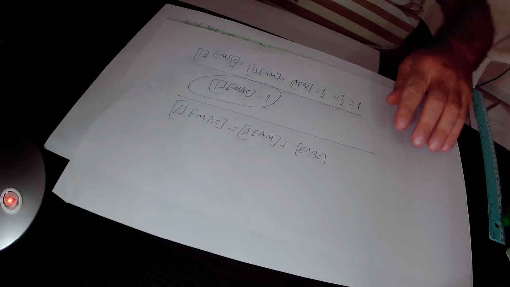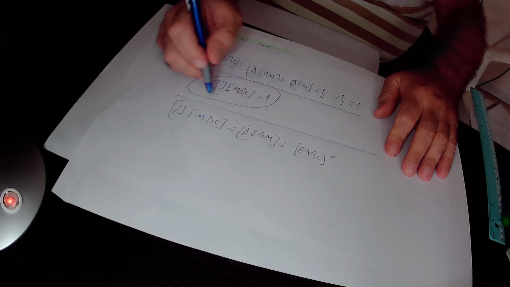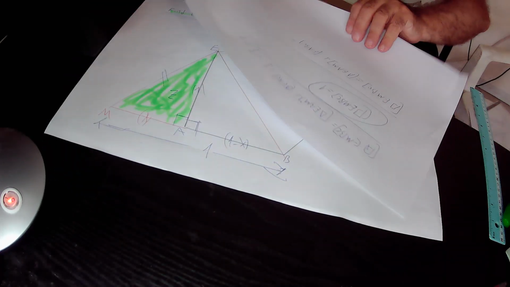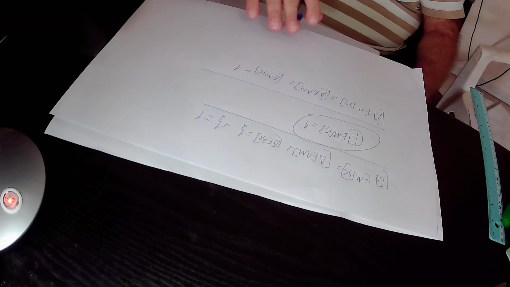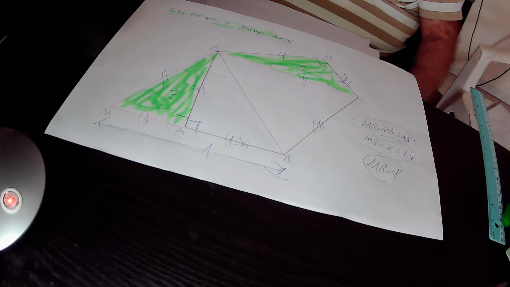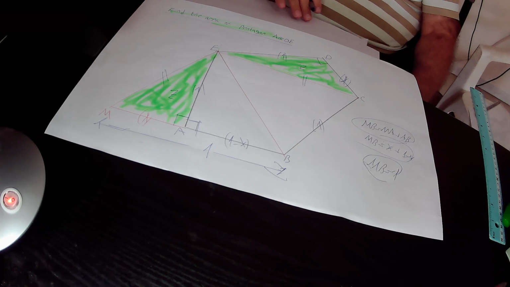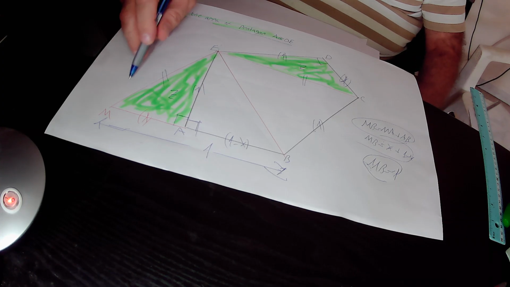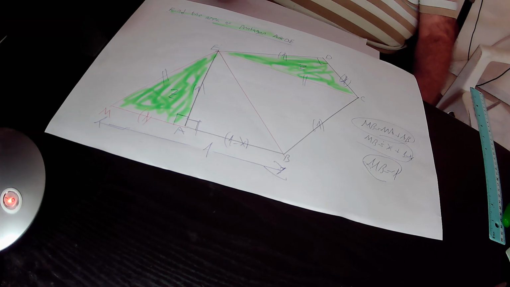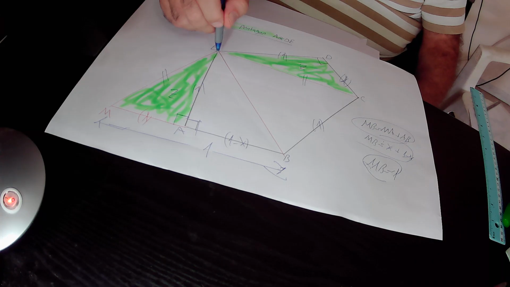So the area of the big quadrilateral EMBC will be equal to Z plus the area of this quadrilateral EABC.